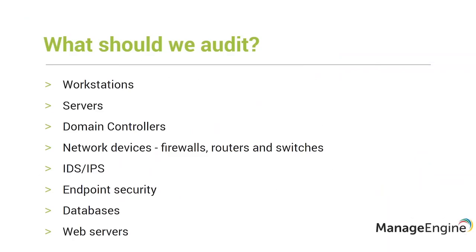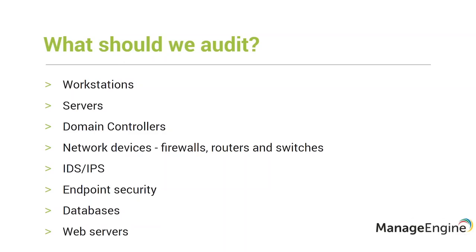But I want to address a very important question that I get very often at events and also in webinars, which is, what exactly should we audit? Because we've said audit logging is important, centralizing the log data is important, but what exactly do we need to audit? What are the systems that we need to audit?